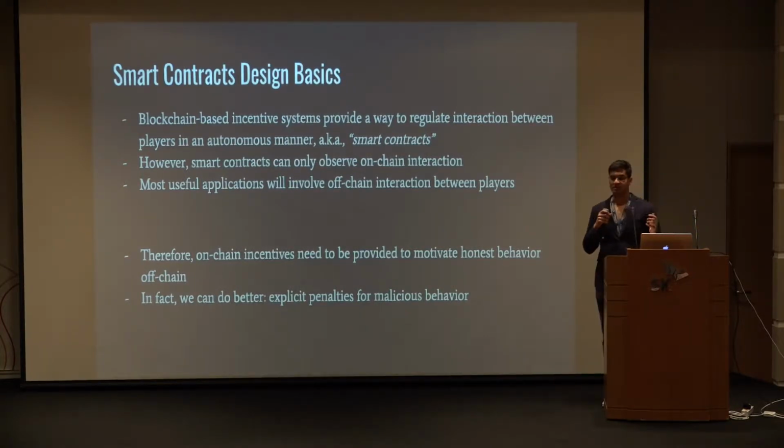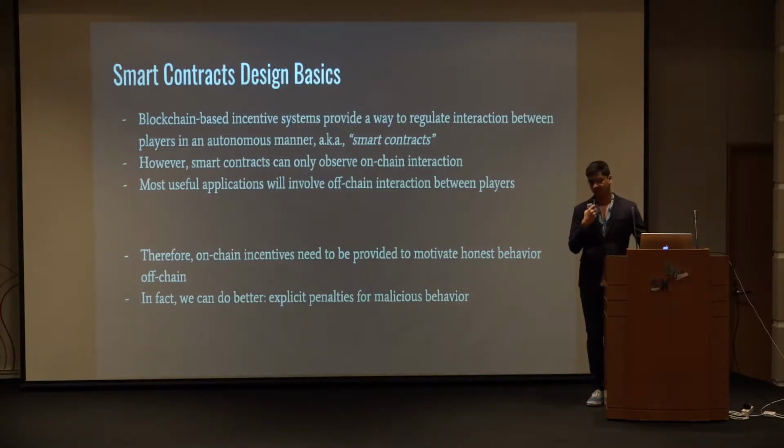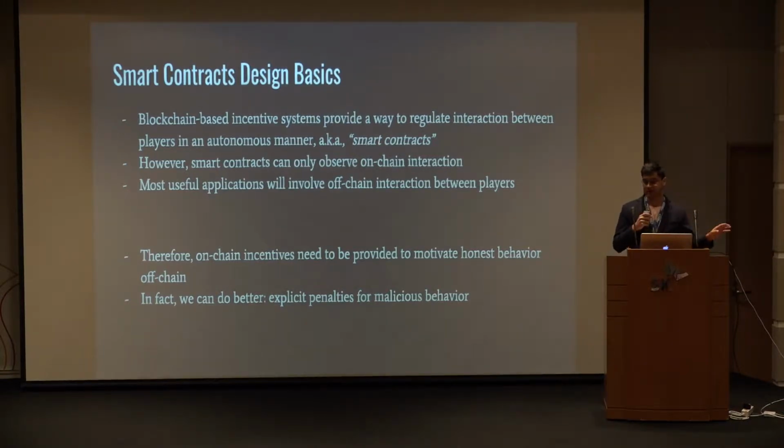And we need to make manifestations of off-chain interaction into on-chain behavior. By observing this, we can assign explicit payoffs and penalties for the behavior that you observe. And the great thing about this is you can place explicit penalties for malicious behavior, which is unlike existing systems.